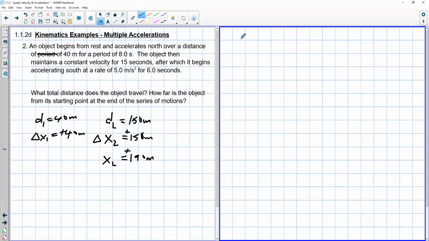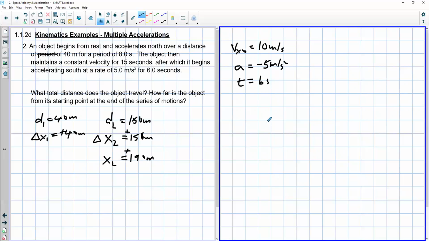So our initial velocity is 10 meters per second. Our acceleration is south, so -5 meters per second squared, and the time for this interval is 6 seconds.